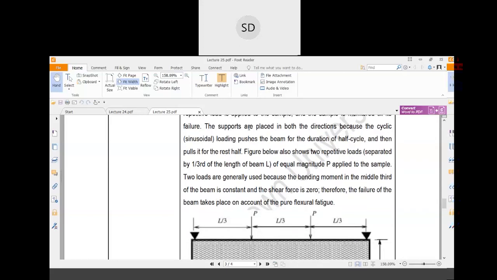Now these supports are placed in both directions because the cyclic loading pushes the beam for the duration of half a cycle and then pulls it during the other half.